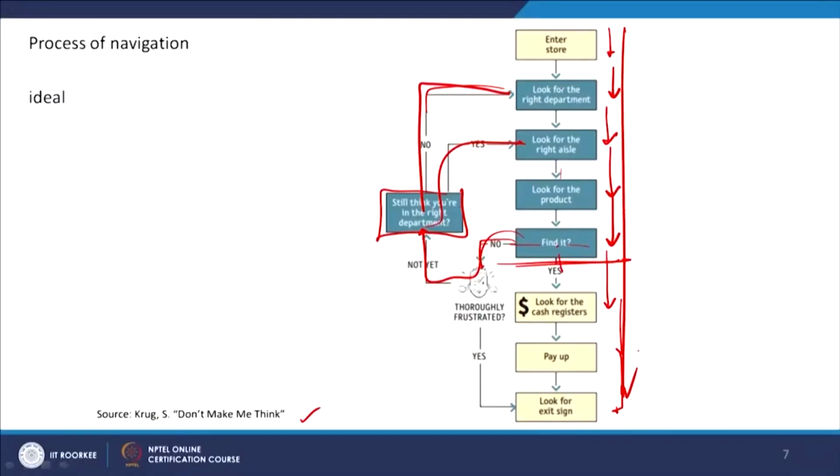If we don't find it, we go back again. If the design is proper, this will be a straight line and the quickest process. If the interaction design is logical, the steps are easy to perform, and it puts less cognitive load on the user, it will be like this. Otherwise there will be a lot of confusion.